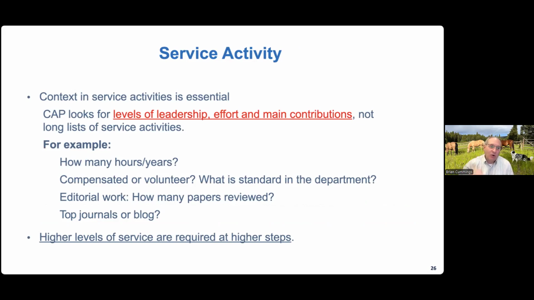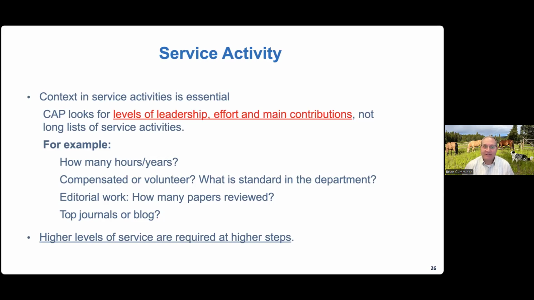So not just a whole list of things, but your service statement, or on the AP10 form, you should be denoting that this thing that I do, it's quarterly, it's once a month, it's weekly for an hour, it's weekly for 4 hours. There's no way for someone to know what your level is, whether you're compensated or not, or if you're volunteering.